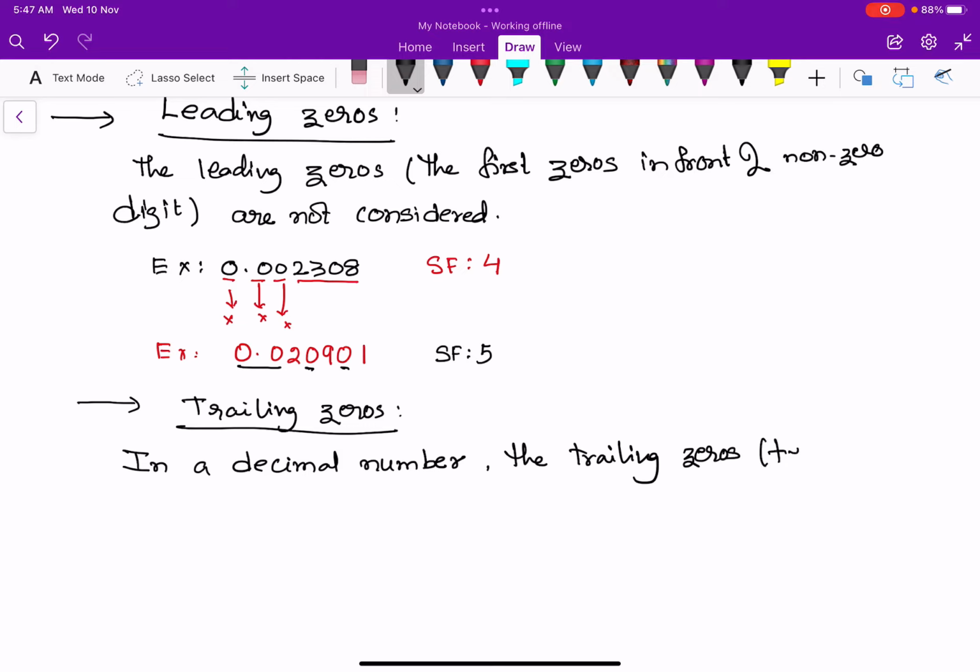We will also write it as terminal end zeros. Terminal zeros are counted, or significant, right?